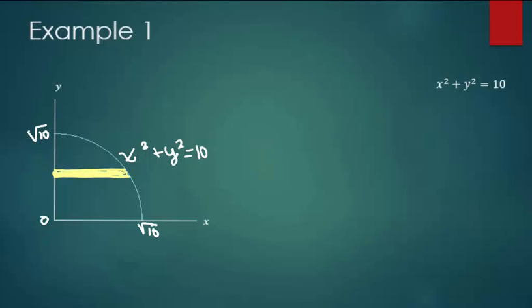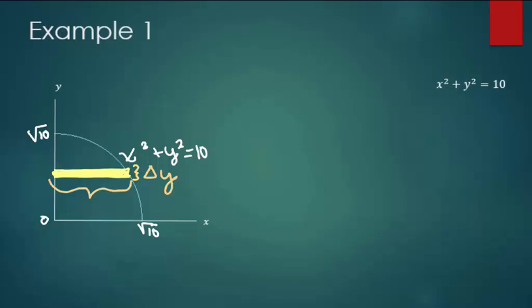So, we're going to find the area of this individual slice. So we need to find this length here and multiply it by this height here, which is just going to be your delta y.